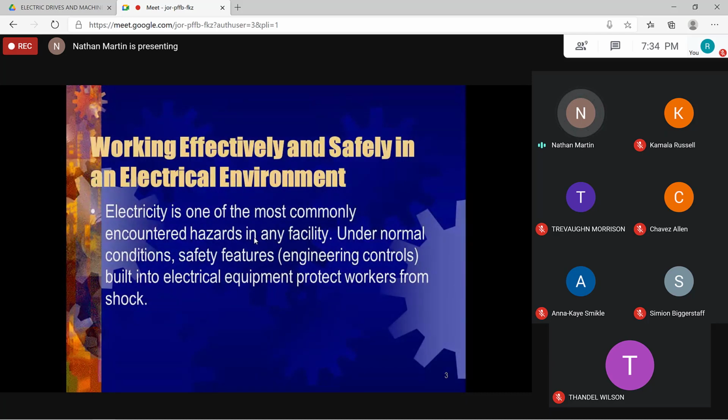Now, some of the common hazards that can exist in an electrical situation, and the most common one is electric shock. Everybody is afraid of shock, right? And just to tell you how afraid a person is of shock, I was called, I think last week, by a past student.